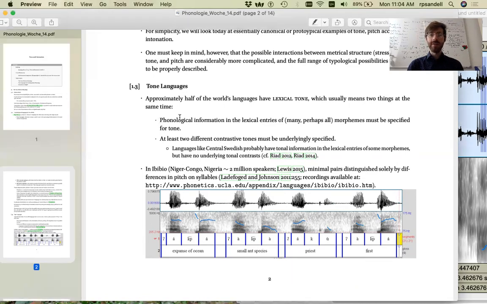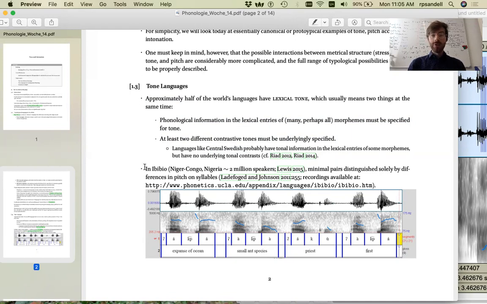So I would tend to think that for the languages that we want to consider to be tone languages, both of these properties need to be true, though some people might be inclined to consider Central Swedish a tone language because some morphemes need to be specified as having some kind of tonal property.